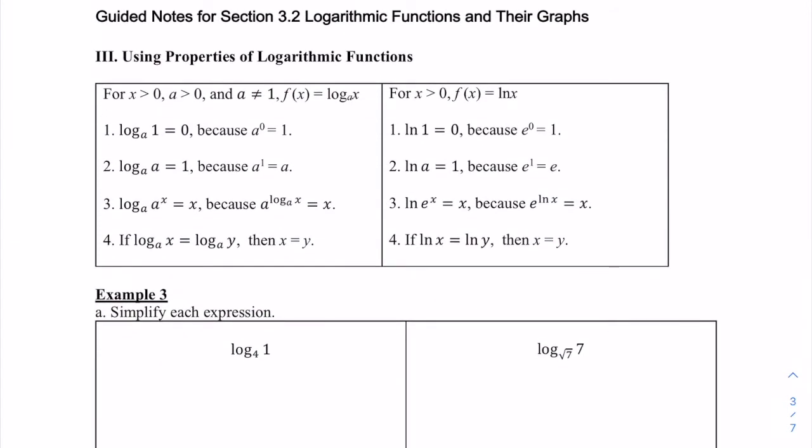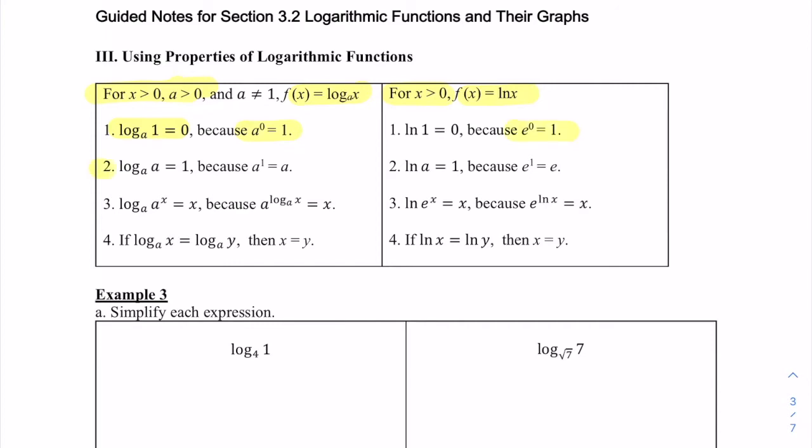The properties of logarithms, you probably start to see a few of them, are going to also apply to the natural log. So whenever we have a is greater than 0 and x is greater than 0, if we have log base a of 1, that's going to equal 0 because a to the 0 equals 1, and e to the 0 equals 1.